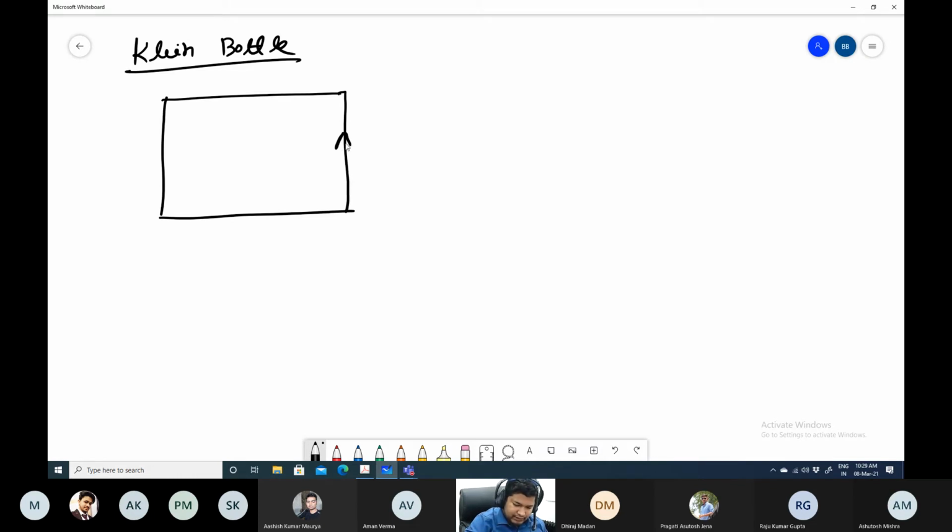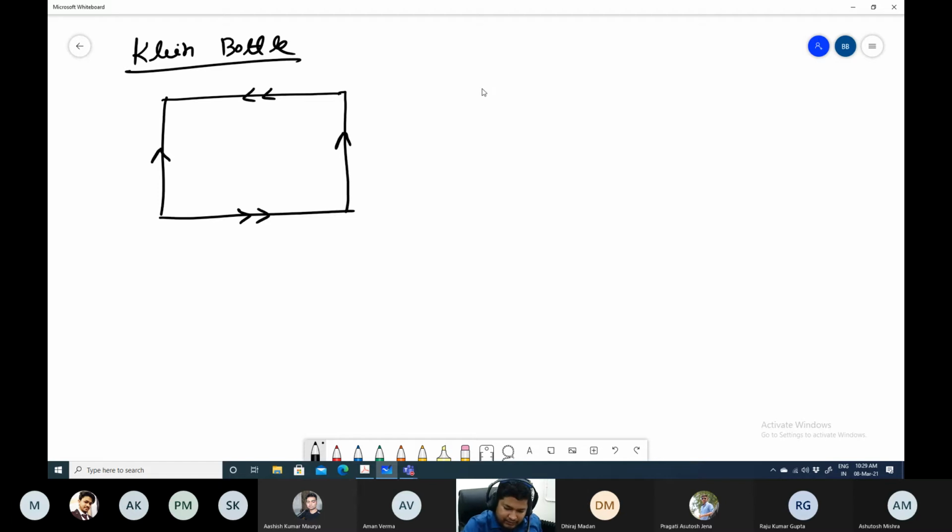We identify this with this, and this with this. What we will do is identify this edge with this edge, then we will have a cylinder, and then we will identify this with it twice. So therefore we get a Klein bottle.